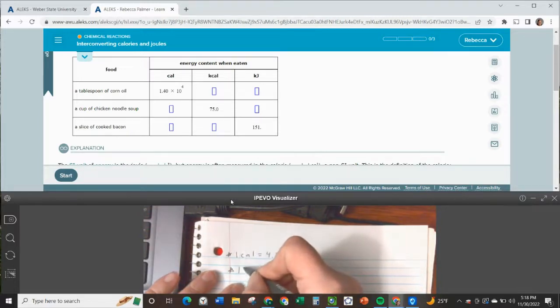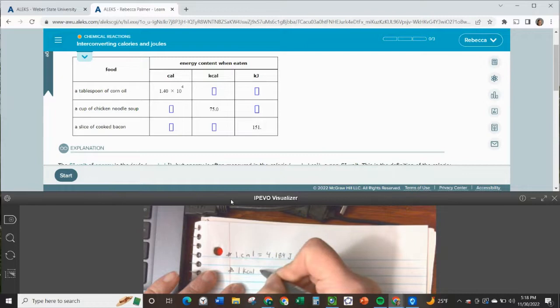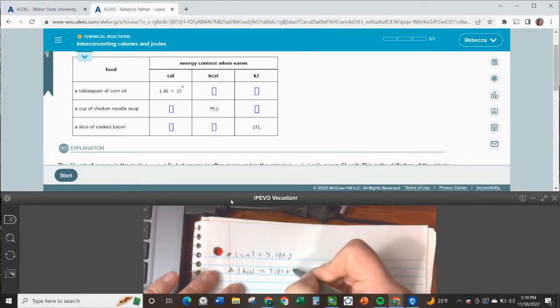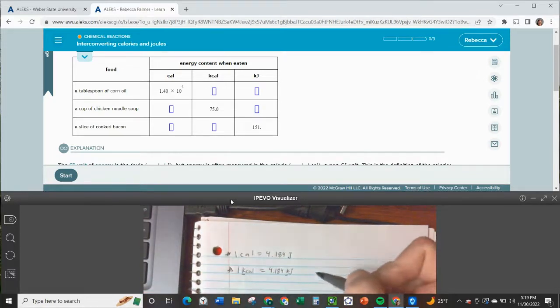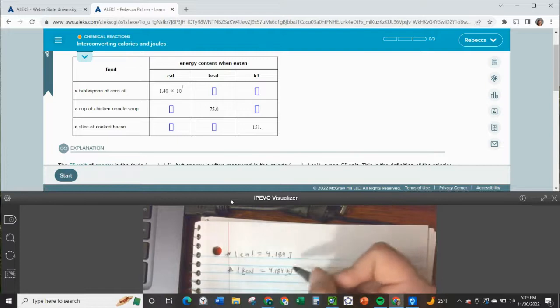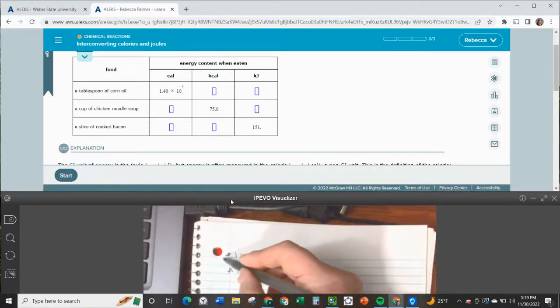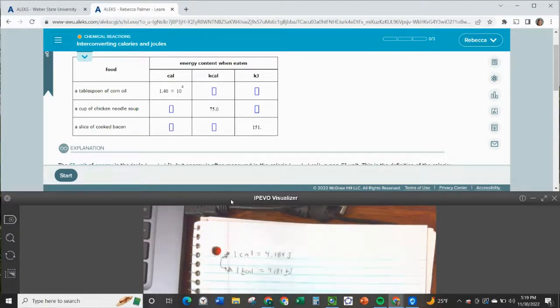So 1 kilocalorie is the same as 4.184 kilojoules. By putting a k in front of both of these units, I've just multiplied them by 1,000. Sometimes this is a more useful unit conversion, and we're going to use either of these.